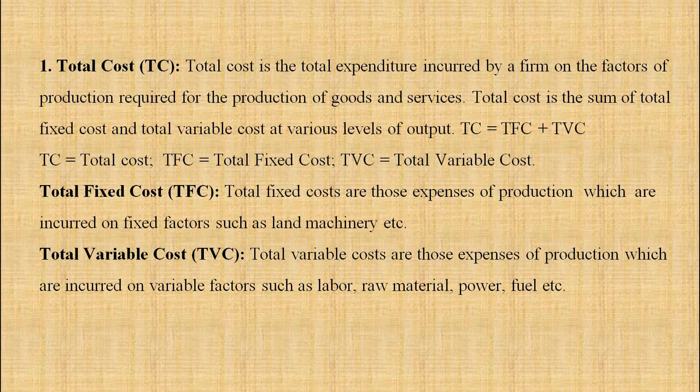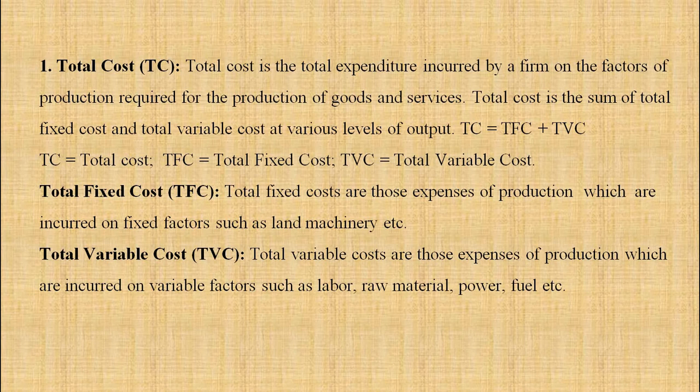So total cost is equal to TFC plus TVC. Total fixed costs are those expenses of production incurred on the fixed factors such as land, machinery, etc. There is always a fixed cost in the process of production on the land, on the machinery, right? Variable cost changes; it is incurred on variable factors such as labor, raw material, power, fuel, etc. If we are taking more labor in the production, then we have to give more wages, so the cost is changing.